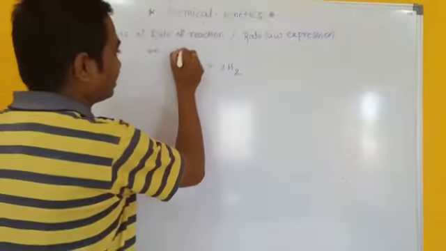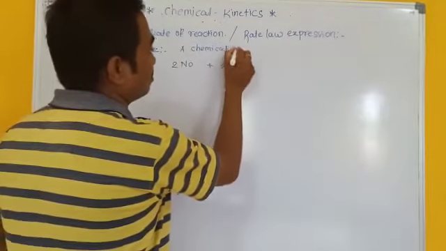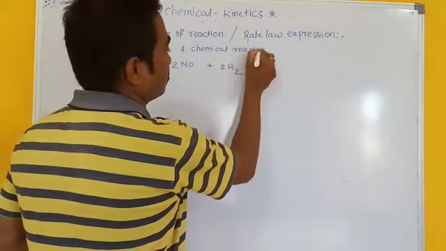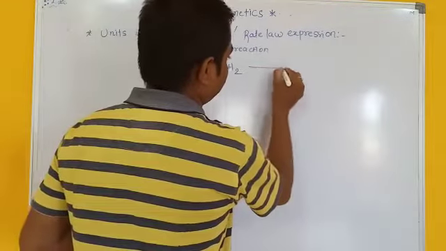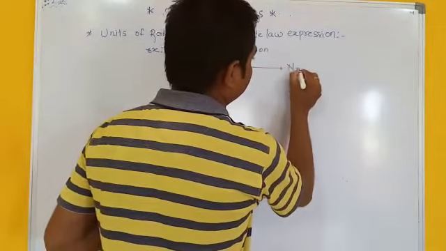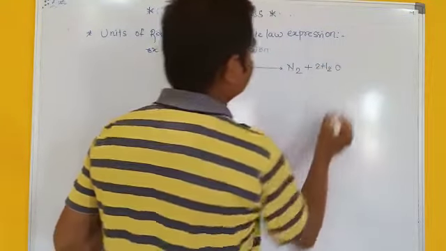The chemical reaction is 2NO plus 2H2, then it is converted into N2 plus 2H2O.